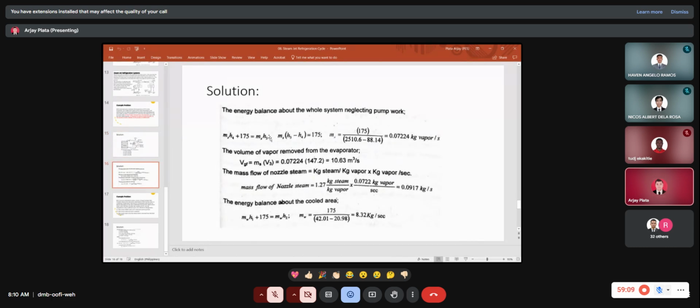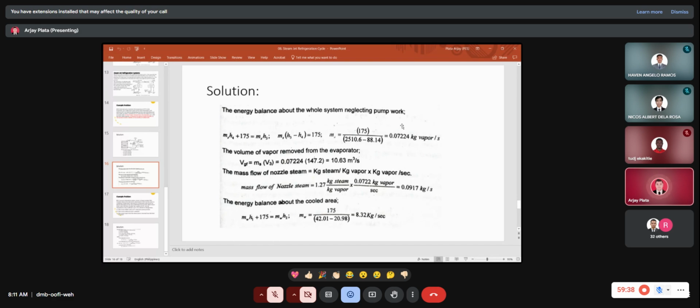So we can now compute for the mass flow rate ng ating refrigerant, no? So which is 175. So same lang nung ginagawa natin before, refrigerating effect over yung enthalpy natin ng H3 minus H4. So we have 0.72 kilogram of water vapor.